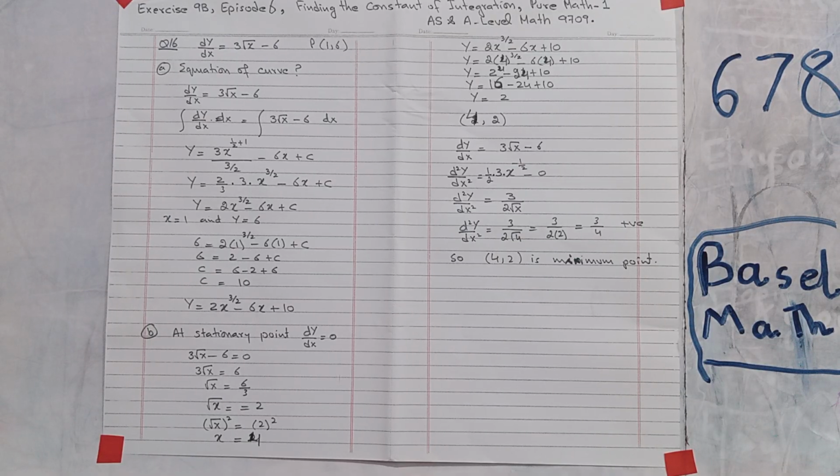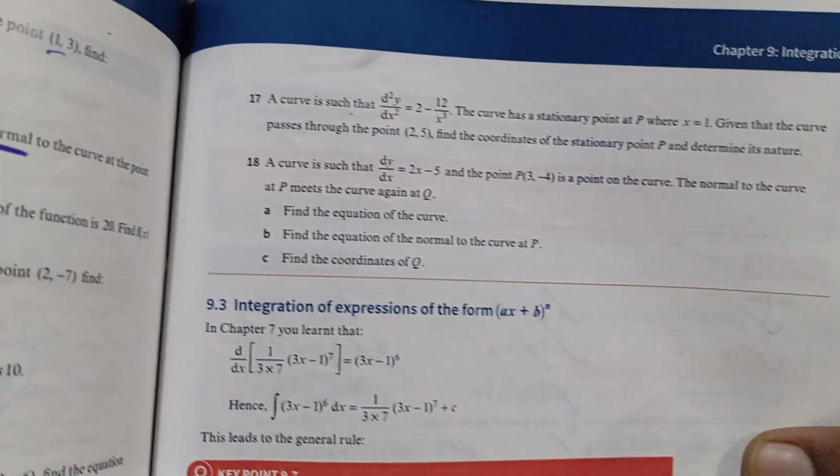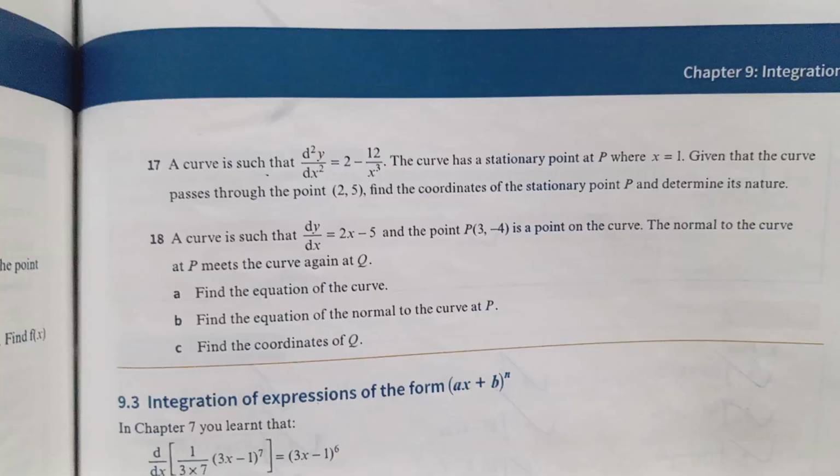And you know, the topic of this chapter 9 is integration of the AS mathematics. And the topic of this exercise is finding the constant of integration. So let me show you the question number 17. I hope you can see the question number 17 showing up on your screen.